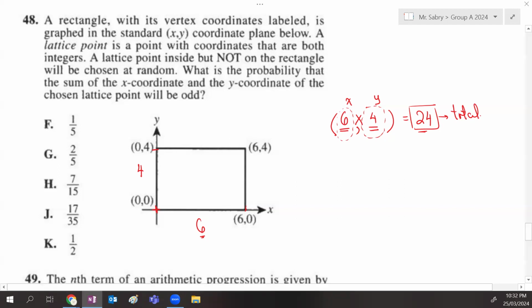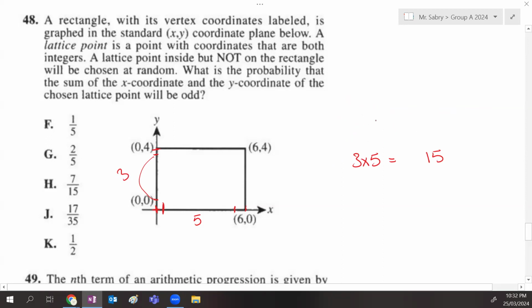I should pick from 1 to 5 only, because he said it should not be on the rectangle itself. So I'm supposed to choose 5 on the X and from 1 to 3 on the Y. From 1 to 3, 1, 2, 3, so just 3. So I'm supposed to do 3 times 5. The total is actually 15, not 24.